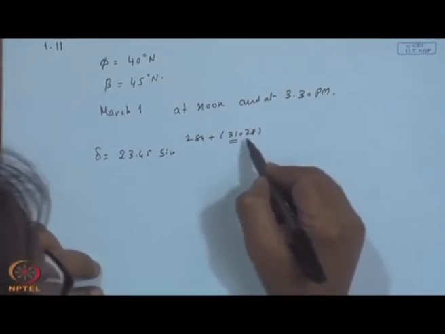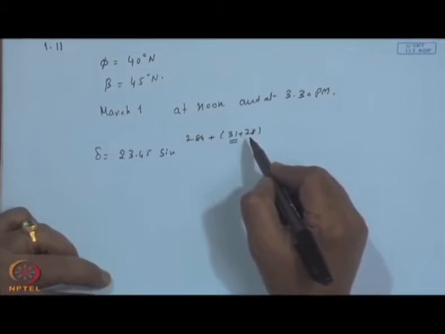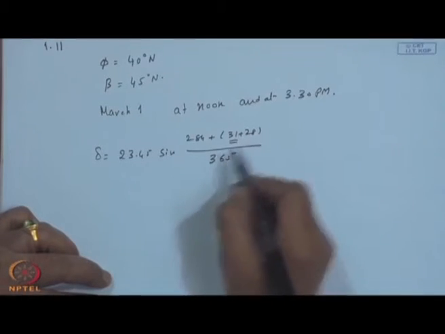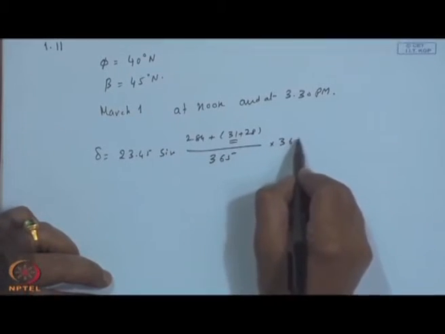So, it will be, I can even put 29, does not matter, upon 365 times 360.